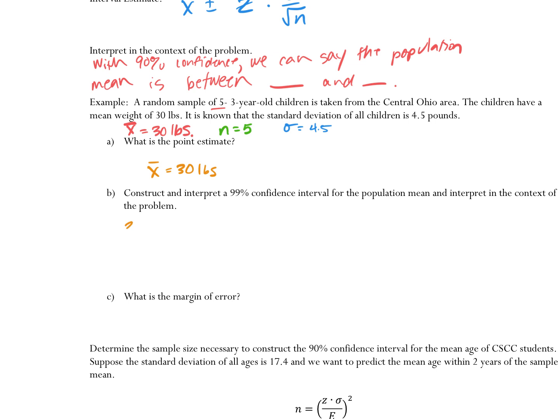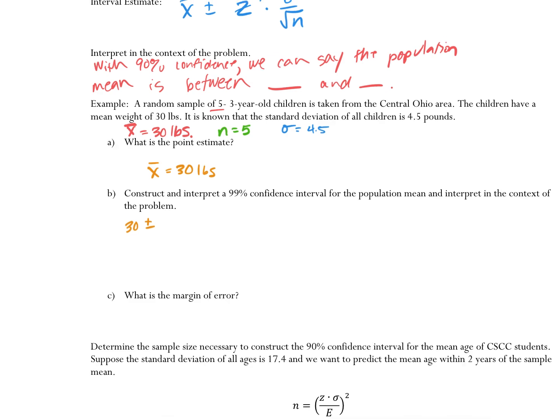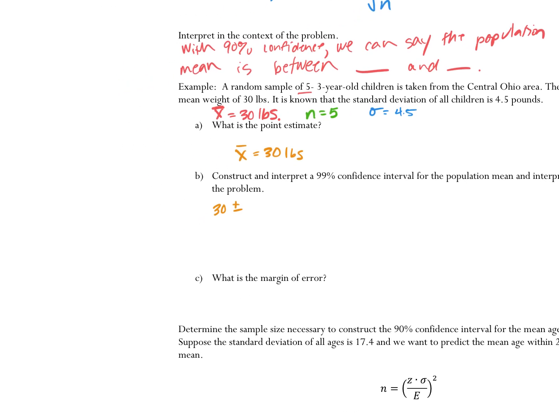My interval is going to be that 30 pounds plus or minus, with 99% confidence. I would like you to find the z star for 99% confidence. Let's see if you know how to do it. This should be our 3rd day of finding z stars, yes?